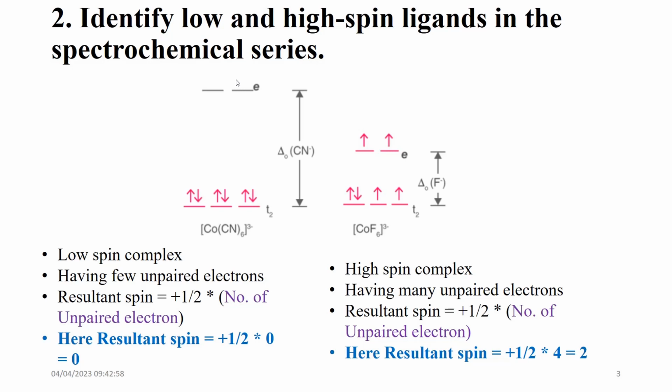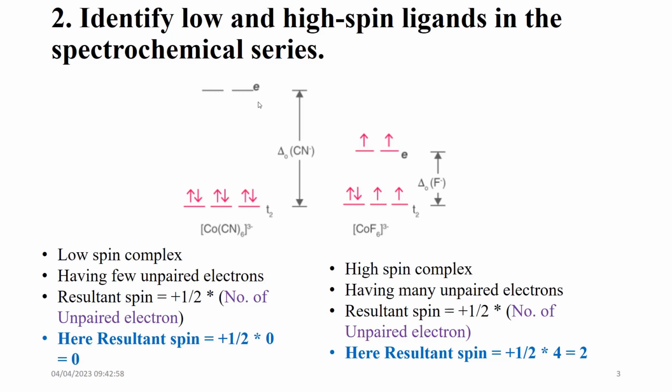First, we have to trace back the quantum numbers that we studied in general chemistry, one of which is the spin quantum number. In the spin quantum number, we have the value of plus a half for the electron spinning in the clockwise direction, and minus a half for the electron spinning in the anti-clockwise direction.